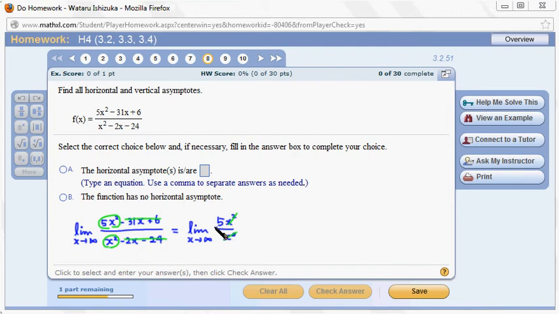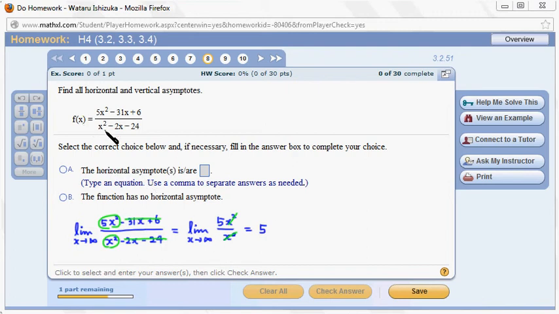We can cancel out x squared, so the limit of just 5. The limit of a constant is the same constant, so this gives you 5, which means that y equals 5 is a horizontal asymptote.